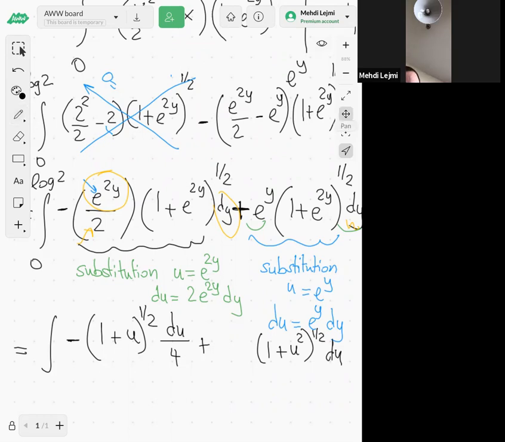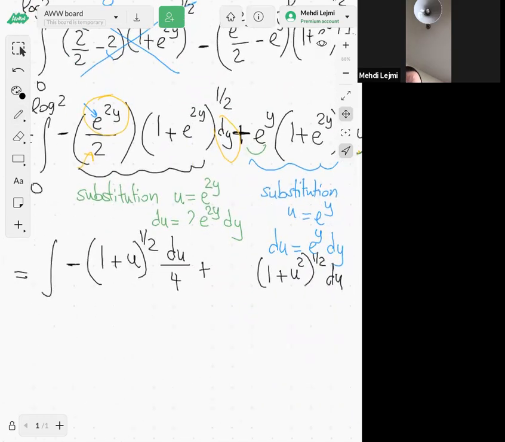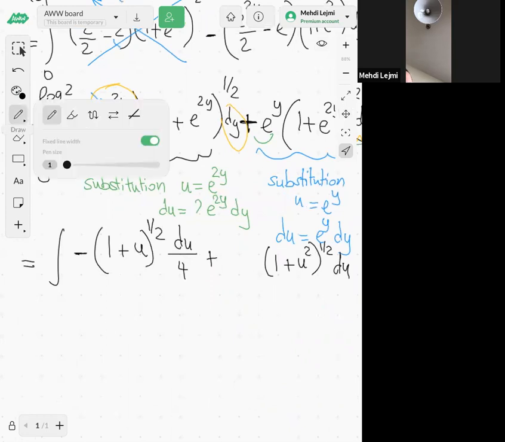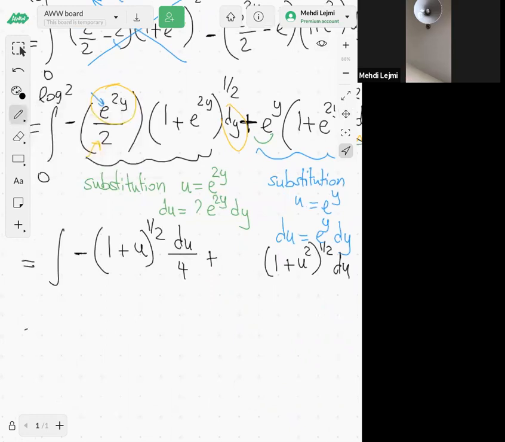So let's see. So for the first one here, did I forget something here? I don't think so, right? So this is for the first integral. We have this 1 plus u to the power half over 4. So that will be the integral, that will be minus, 1 plus u to the power 3 halves, right?